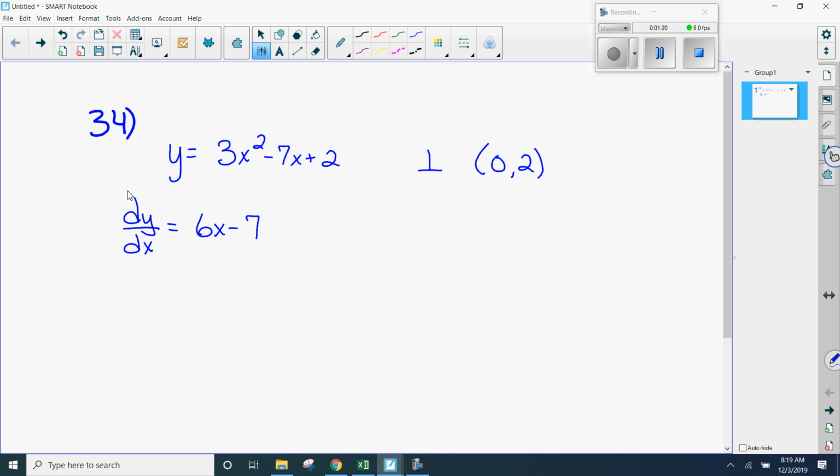0, 2. So if we want the slope, maybe I should write the word slope. So the slope at the point 0, 2, how do I find that?